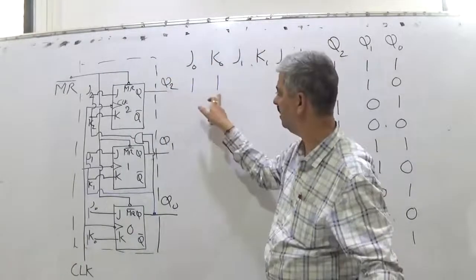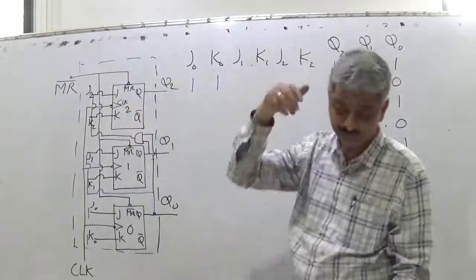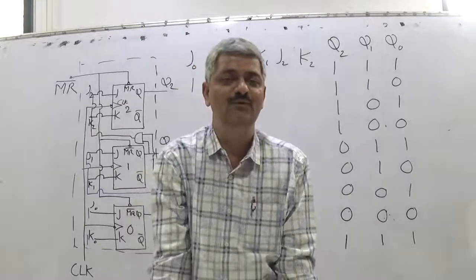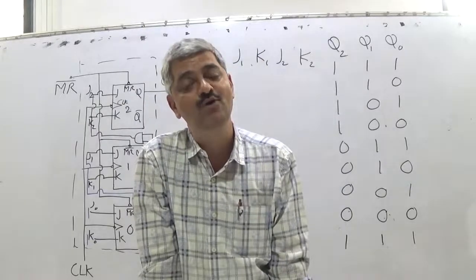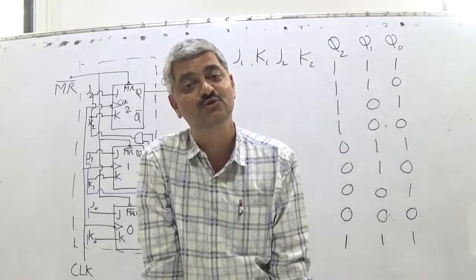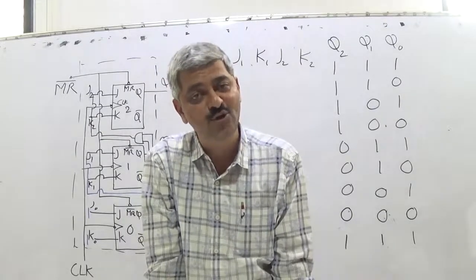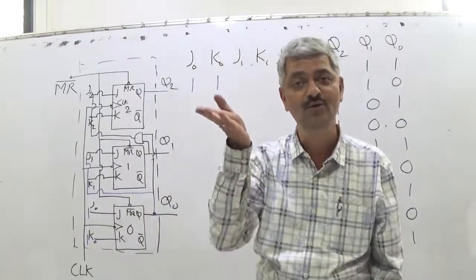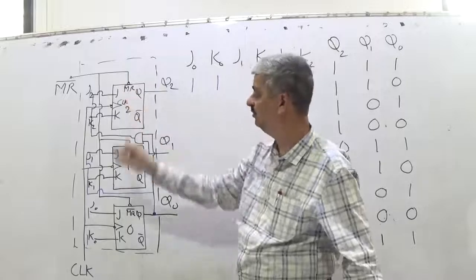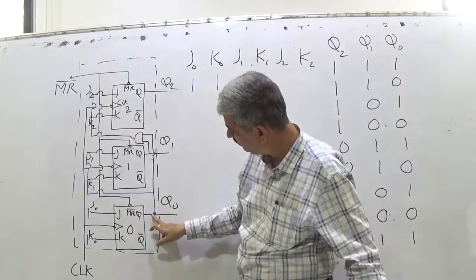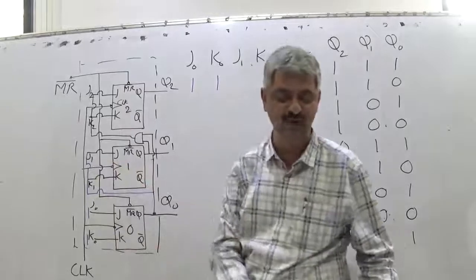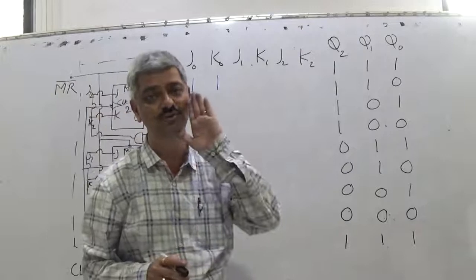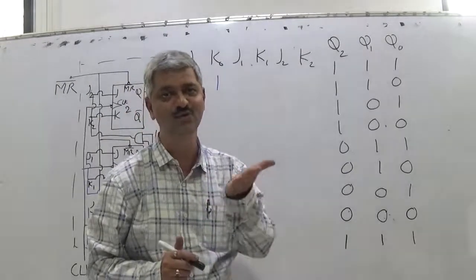Now, this is the same for down and up counter for flip-flop number 0. Whereas for flip-flop number 1, in the case of an up counter, it was toggling when the output of flip-flop number 0 was 1, and when the output was 0, it was maintaining. So we connected Q0 to J1 and K1. Here, when Q0 is 0, you want it to toggle, and when Q0 is 1, you want it to maintain state.